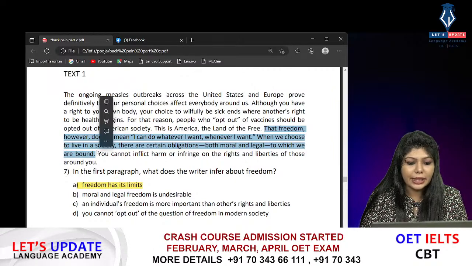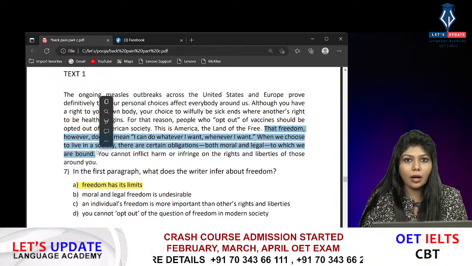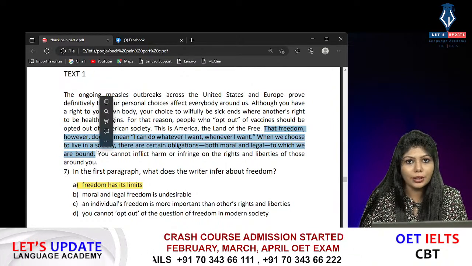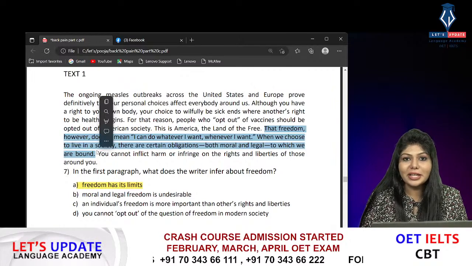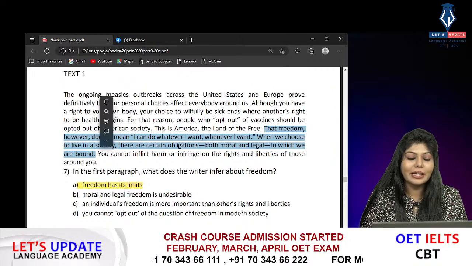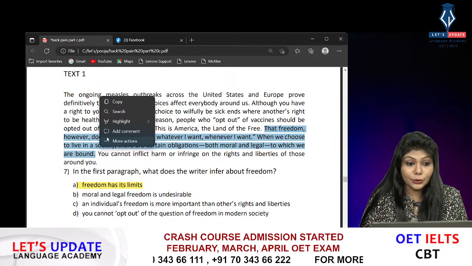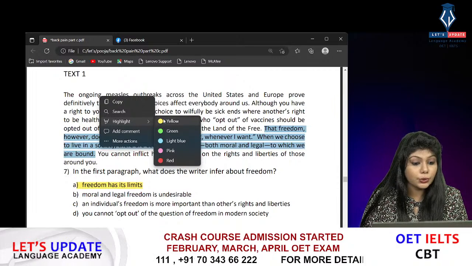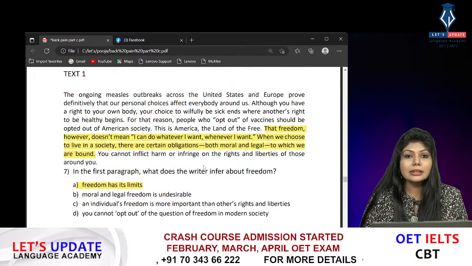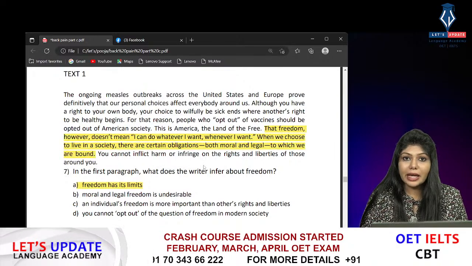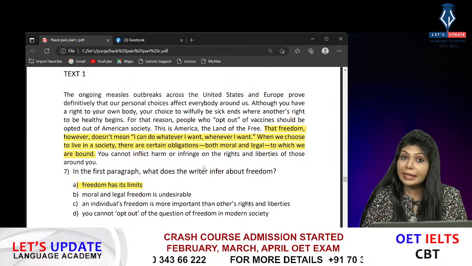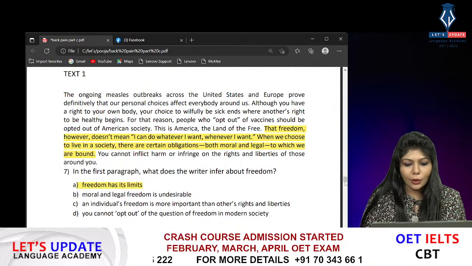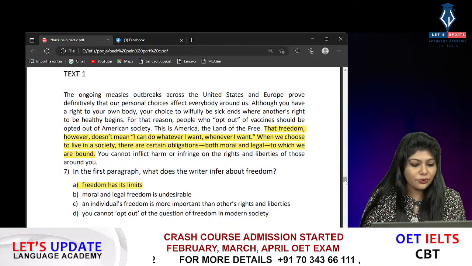Even though you are given certain rights and freedom, that doesn't mean you can do anything you want, because there are certain obligations and duties that you need to follow or adhere to. So this is the part of the paragraph that implies that A is the answer, that freedom has its limits. Congrats to all those who have answered correctly.